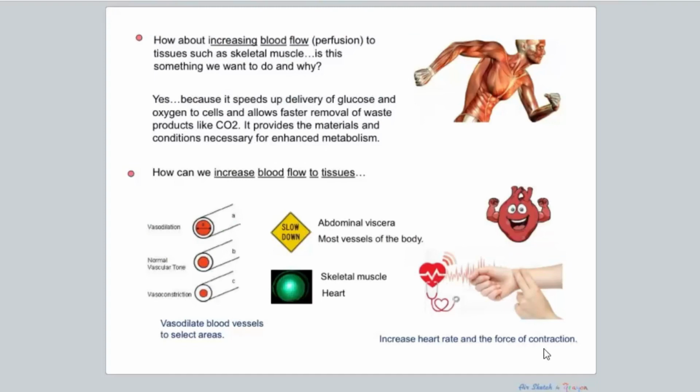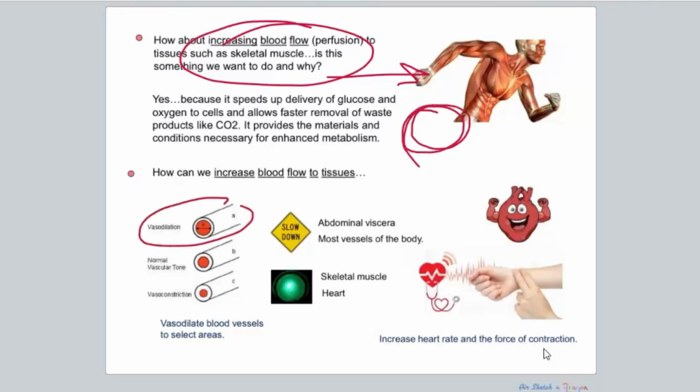Some other things that we want to do. We want to increase blood flow to the skeletal muscle so we can get more glucose, oxygen, all that kind of stuff there and pick up more CO2. And the sympathetic nervous system does that as well. It can vasodilate the blood vessels that go to the skeletal muscle.